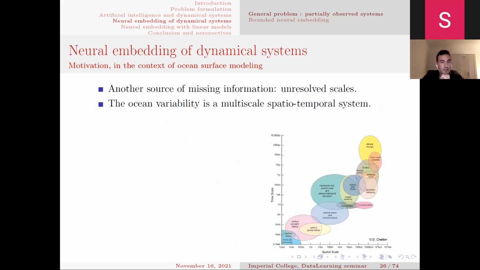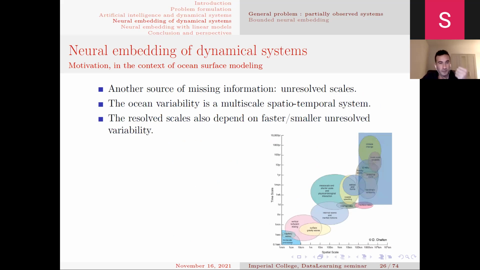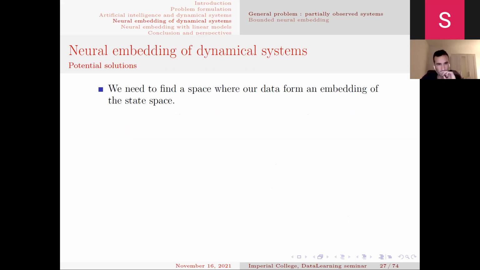The ocean variability is a multi-scale spatiotemporal system, and the provided observations, for example, observations of ocean surface temperature, have limited spatiotemporal resolution. For the sea surface temperature, it's 100 kilometers times days. So this misses all of the faster and smaller unresolved variability that actually influences the large-scale variability, and this variability is actually primordial from an identification point of view.